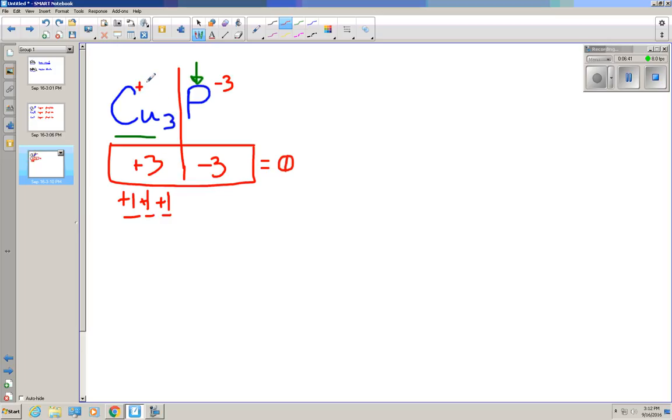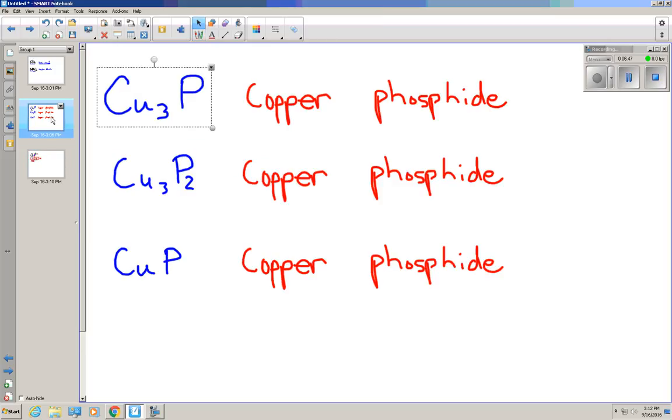which can only mean that this copper on its own is a +1 charge. Okay? So we're going to go back to the formulas we had a minute ago. If copper is a +1 charge, then the way we recognize this, the way we write it, is by adding in a parentheses, and we add a Roman numeral which reflects the charge of the metal ion. In this case, we use the Roman numeral 1.